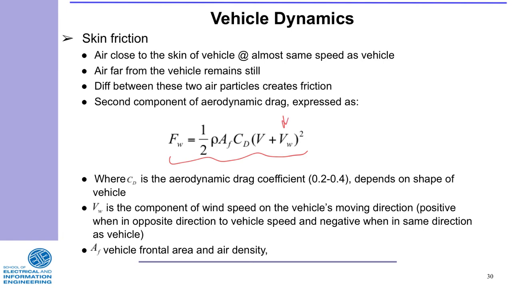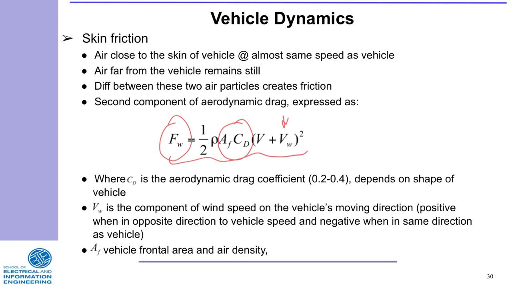So you can see the faster the vehicle, and the faster the air, especially if the air is in opposition, this component will become greater. And the other parameters are really of the design of the vehicle, the shape of the vehicle in front, and so on. That's why you'll find that fast cars will have a different design, so that they overcome this and the air friction doesn't become a big component.